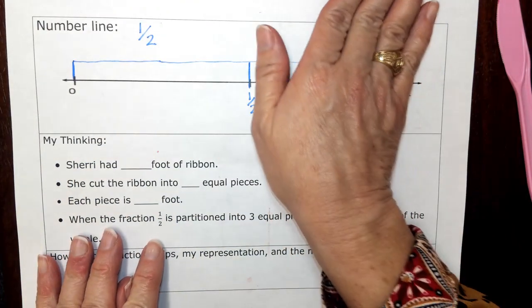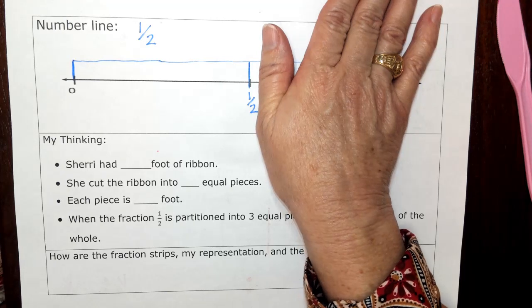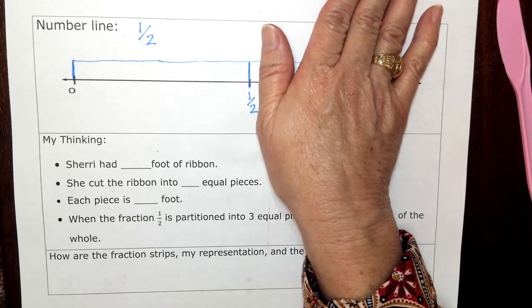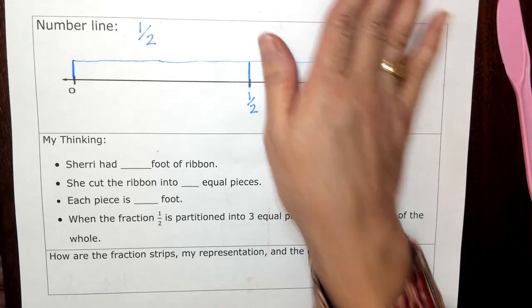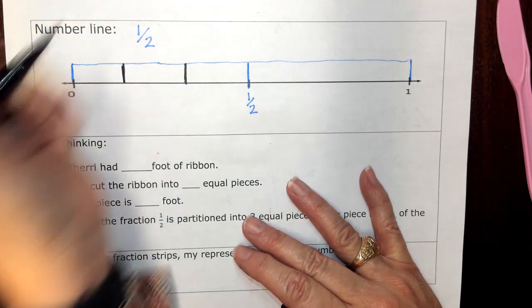So basically, this is what she had. She had half of a ribbon. What did she do, Taylor Weeks, to the half of the ribbon? She cut it into thirds. Take your pencil and cut it into thirds.